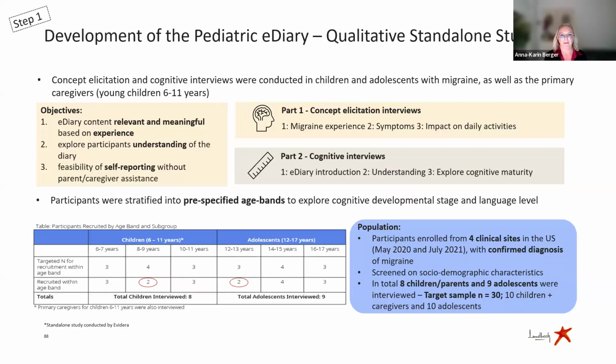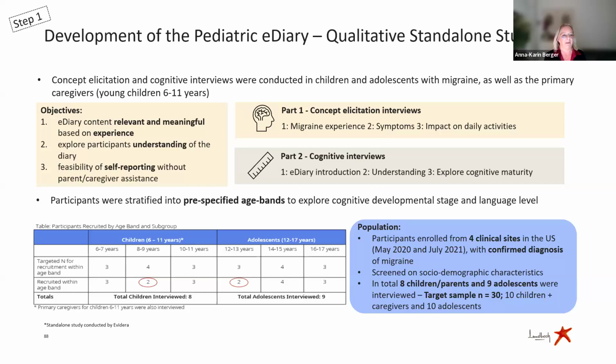As I just mentioned, it started out as a qualitative standalone study where we did concept elicitation and cognitive interviews with children and adolescents diagnosed with migraine. And for the young children, we also interviewed their parents. The objectives of the concept elicitation interviews were to inform the e-diary content and make it relevant and meaningful to patients.